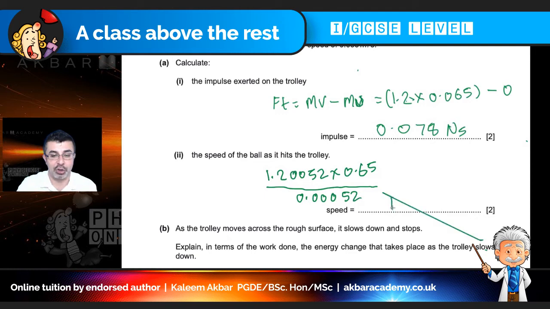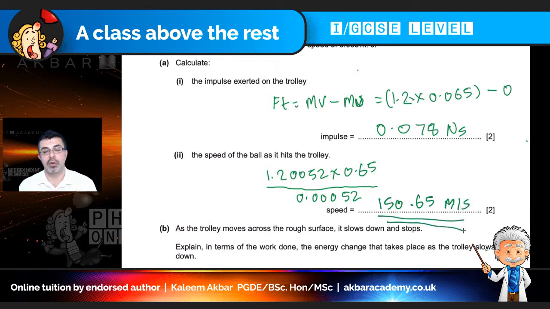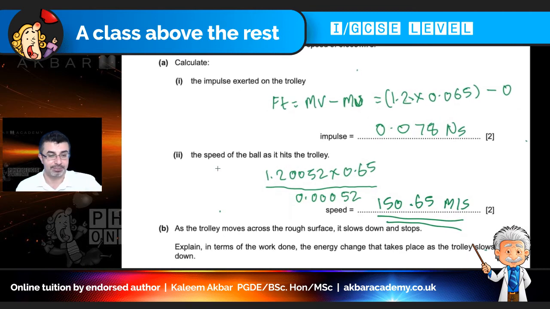So it gives me 150.65 meters per second. Now, you're welcome to round this up to 150.7 meters per second, or you're welcome to round up to 151 meters per second. There's no problem with that at all. At IGCSE, it's not a big deal.